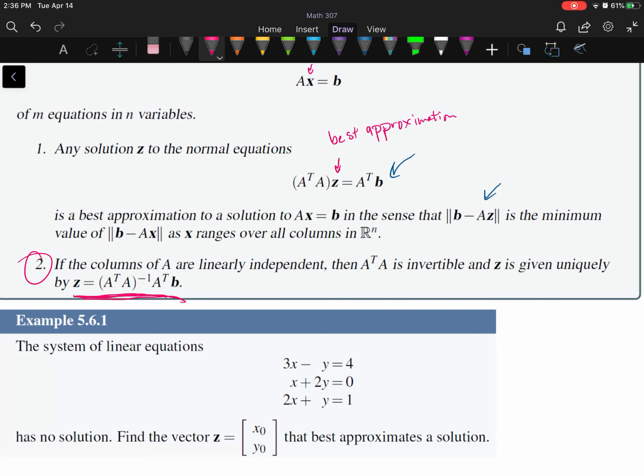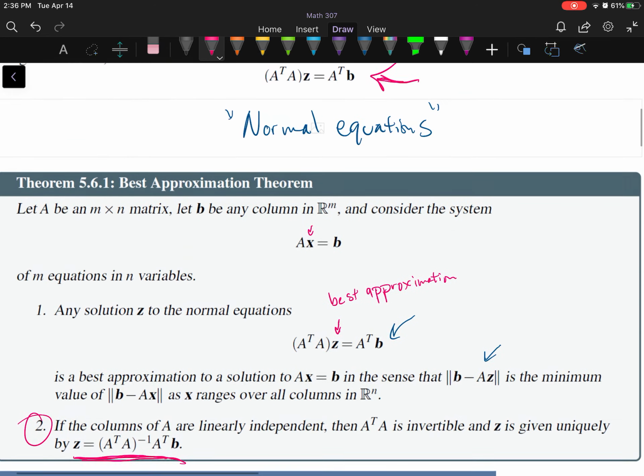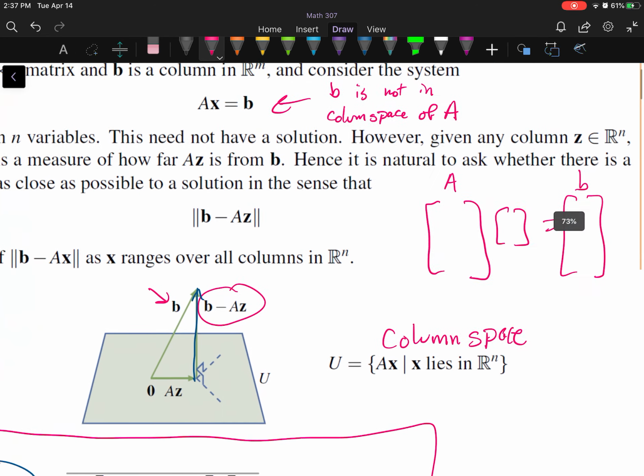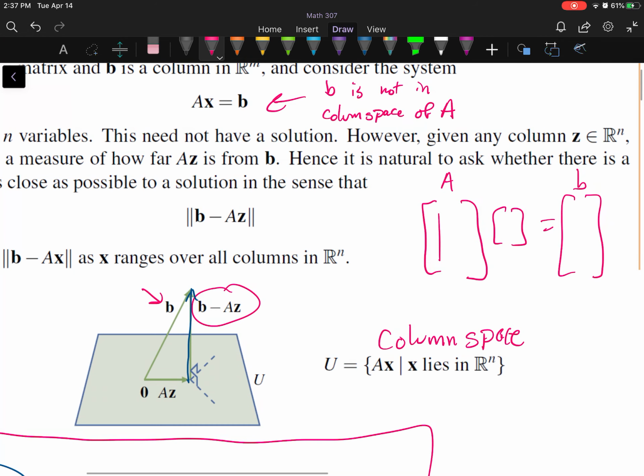This is often the case. It's often the case that the columns of A are linearly independent. Like I said before, A is normally tall and skinny, and therefore would have vectors with lots of components, but relatively few vectors. Oftentimes these vectors are coming from some high dimensional space since they are long.